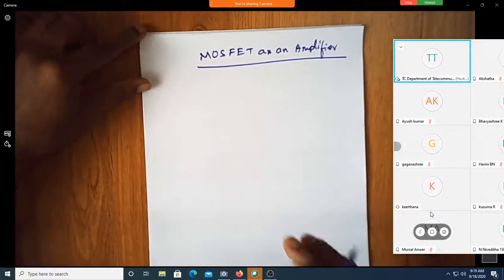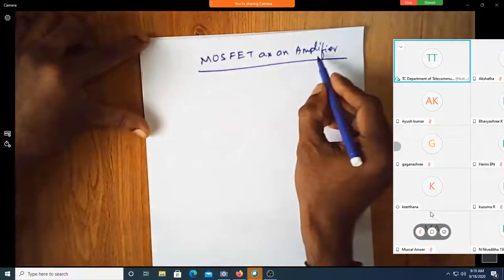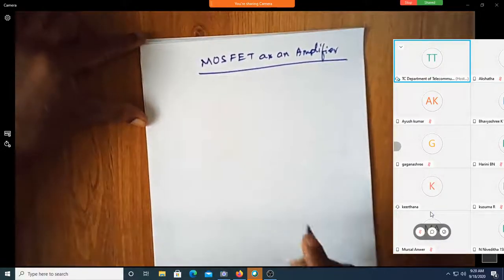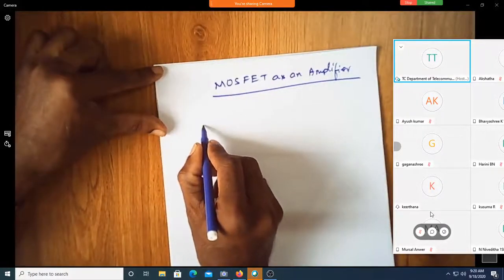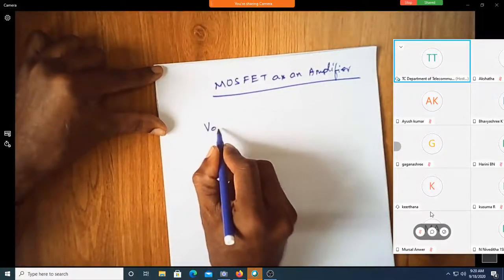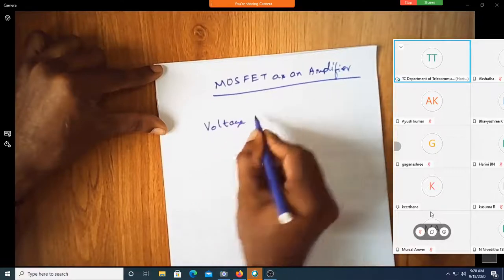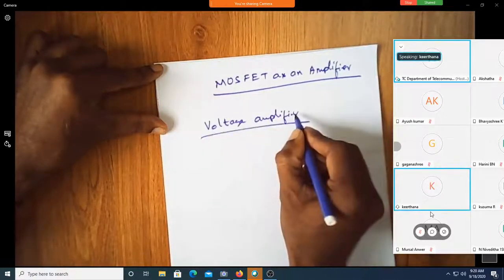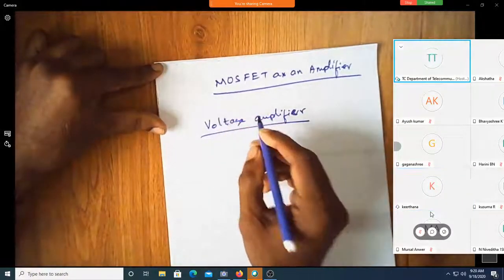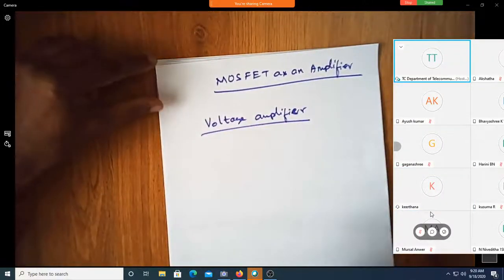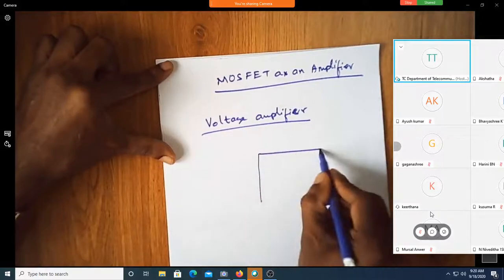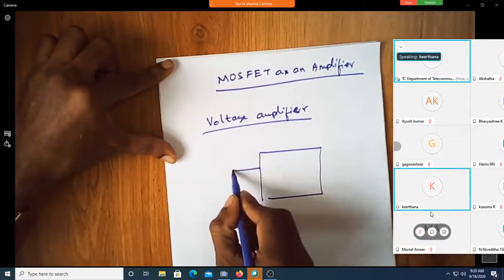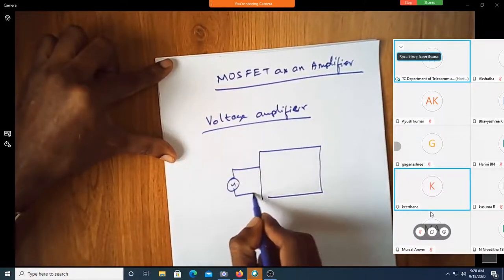So what we are looking at now is MOSFET as an amplifier. Even though we call it an amplifier, you are actually increasing the voltage level, so you can specifically call it a voltage amplifier. To be very specific, the MOSFET is used as a voltage amplifier. Meaning, we call it a two-port network.